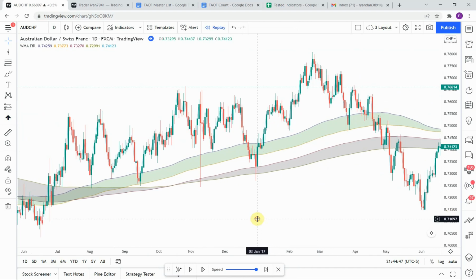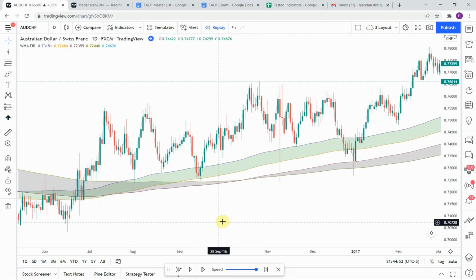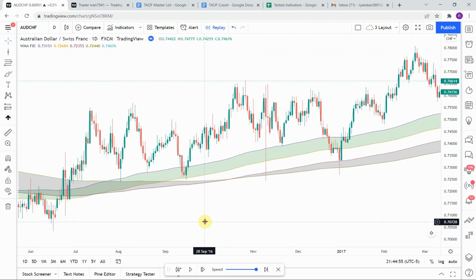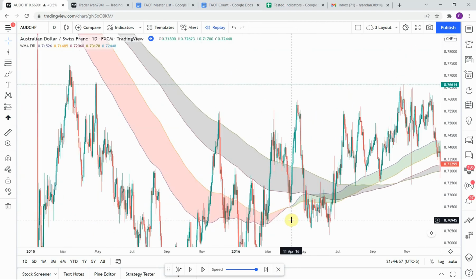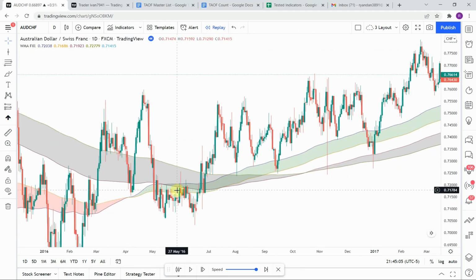So the first criteria that we are looking for, or at least the first setup that would give us a trade signal, is that we are looking for the faster of the two clouds. You can see this one red, and here where it turned green. This is the faster one.